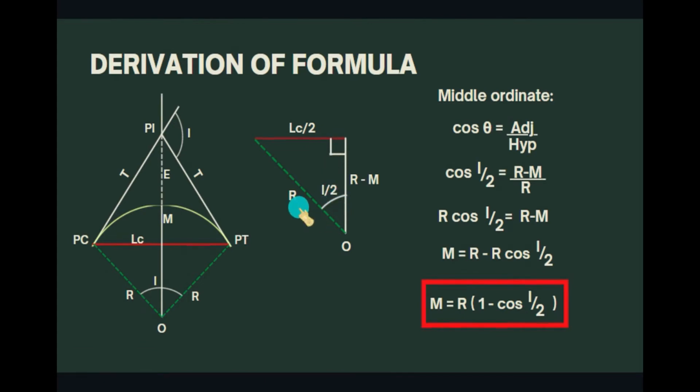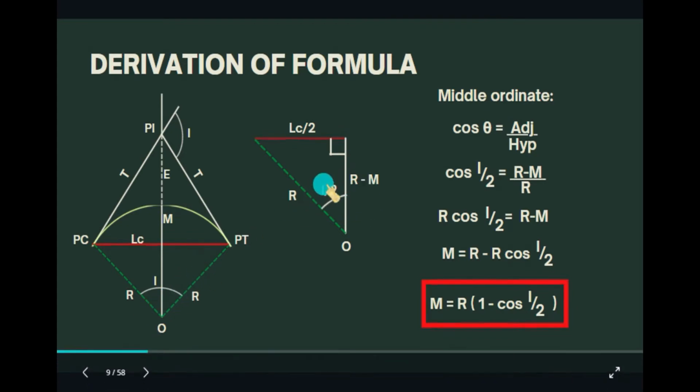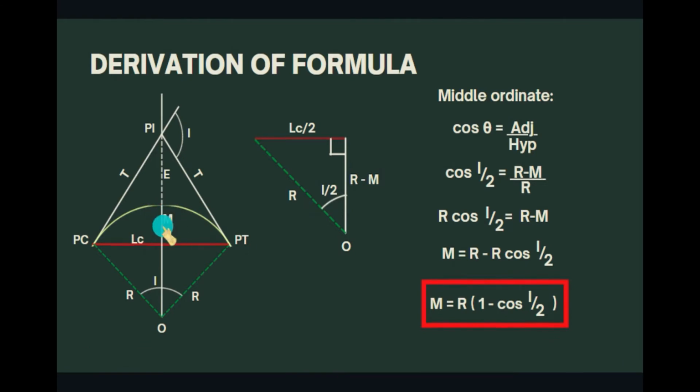Then we have the radius and the half of our long chord, which is LC over 2, because since this is the long chord, then its half would be LC over 2. Now the length of the side would be radius, this radius, minus M, which is the middle ordinate.